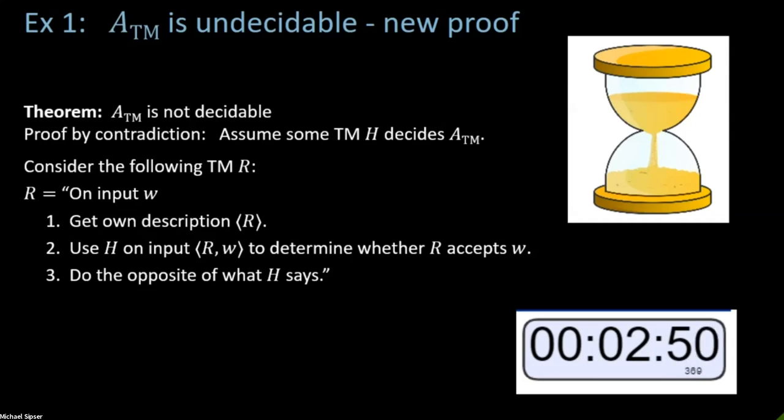We're assuming we have H. I'm going to design R to do anything I want to satisfy the proof. And R here is designed to do the opposite of H. So I'm programming R to find out what H predicts it will do, and then do the opposite.